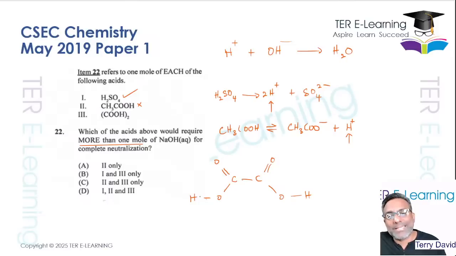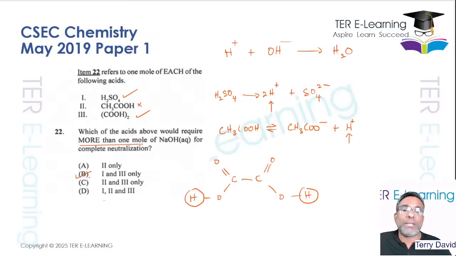So it has this H here, and it has this H here. So therefore, that's 2 H's. So therefore, the basicity of this acid is 2. So it requires 2 moles of sodium hydroxide for complete neutralization. So this answer is also correct. So the answer is 1 and 3, which is going to be B. The answer is B. So that's 22.